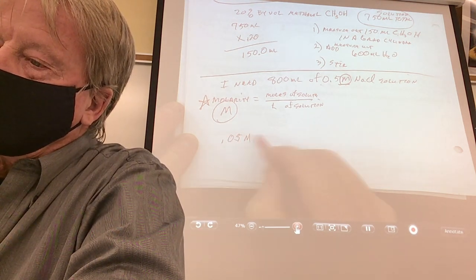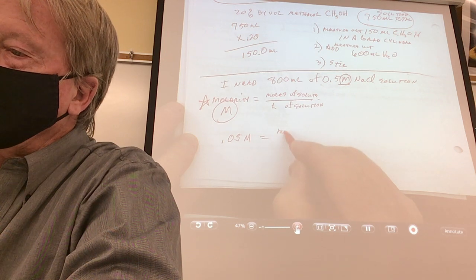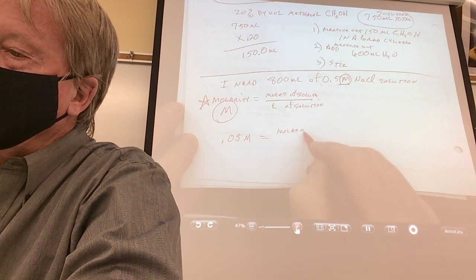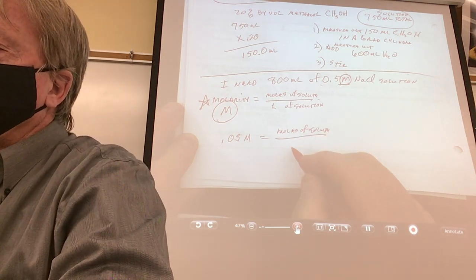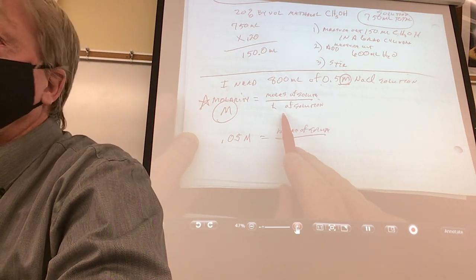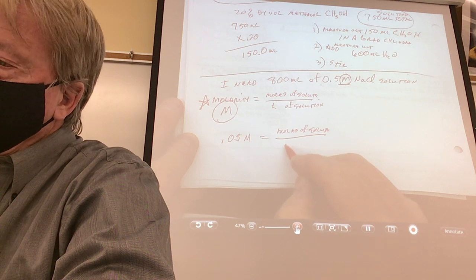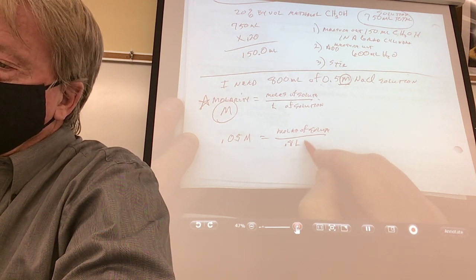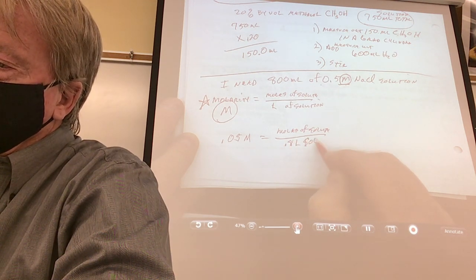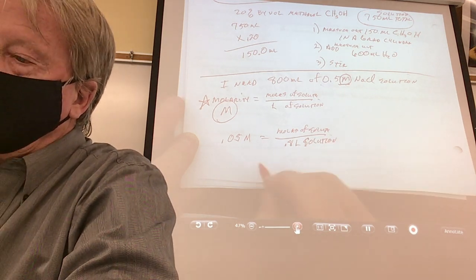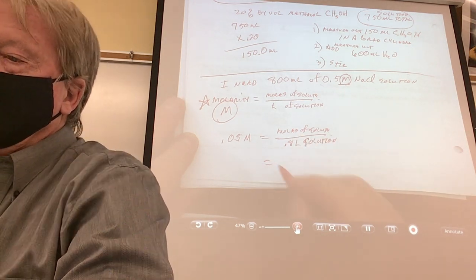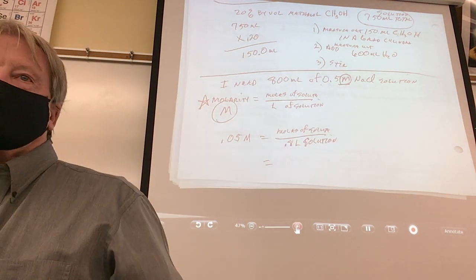And then you have 800 milliliters, or 0.8 liters. I can't put 800 here because that says liters. You need 0.8 liters of solution, not water. And then you're solving for x. Okay, let's try that. What do you got there?